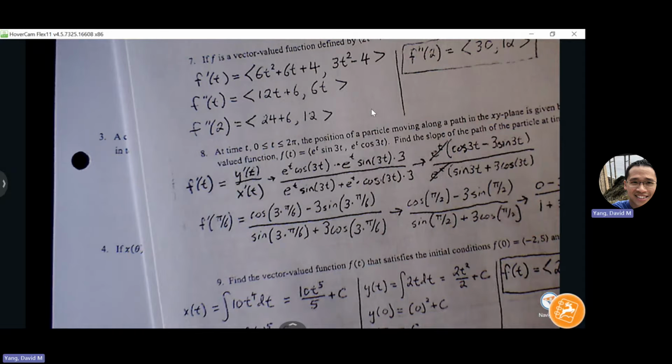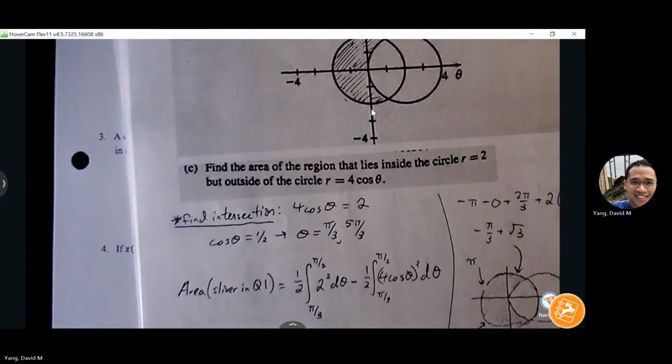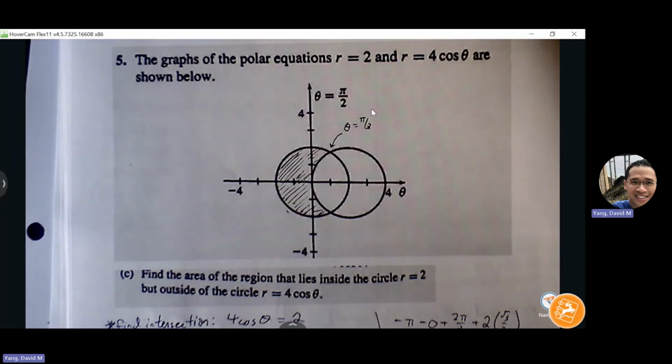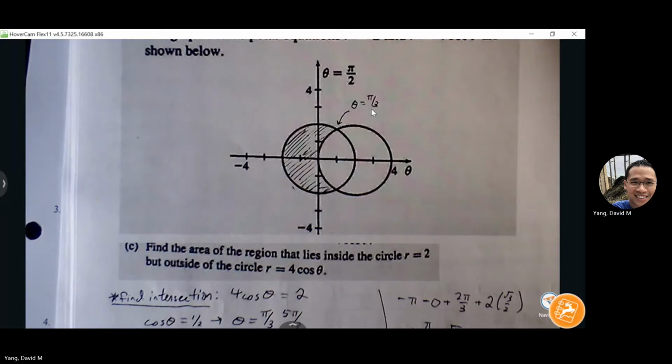She's asking the 5C. Yes, yes, you have to.